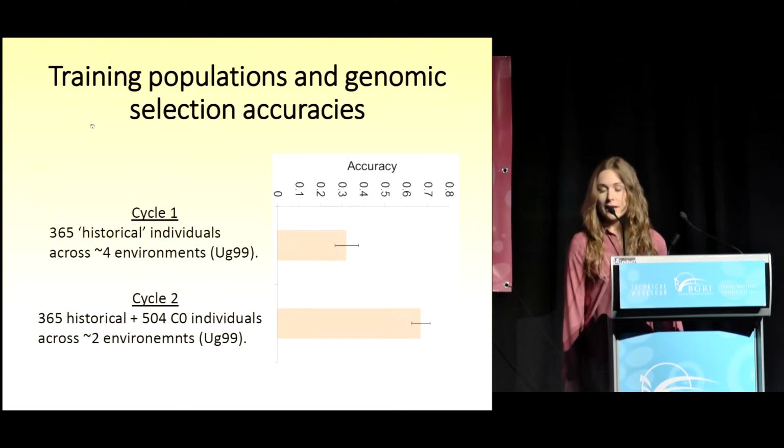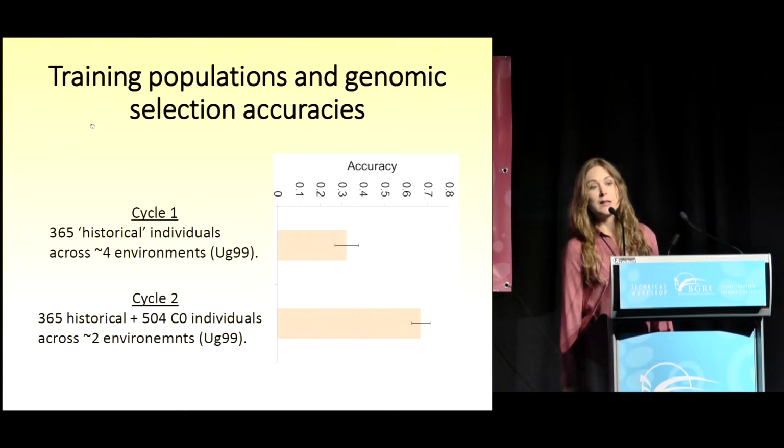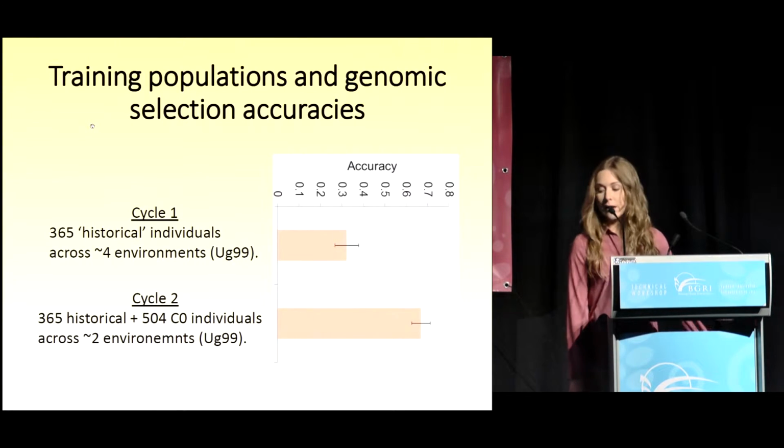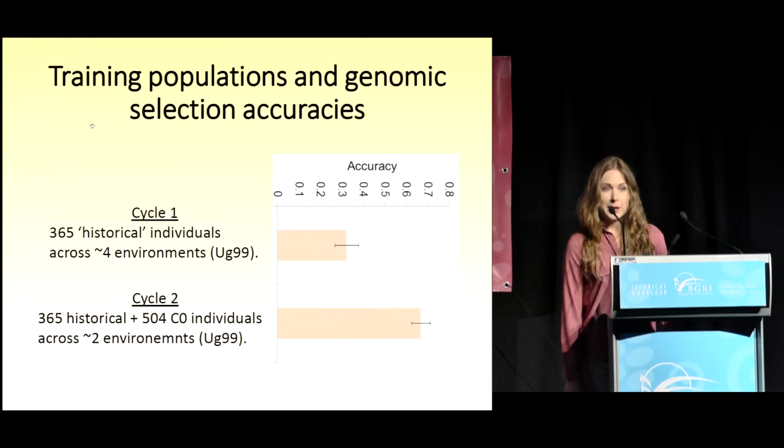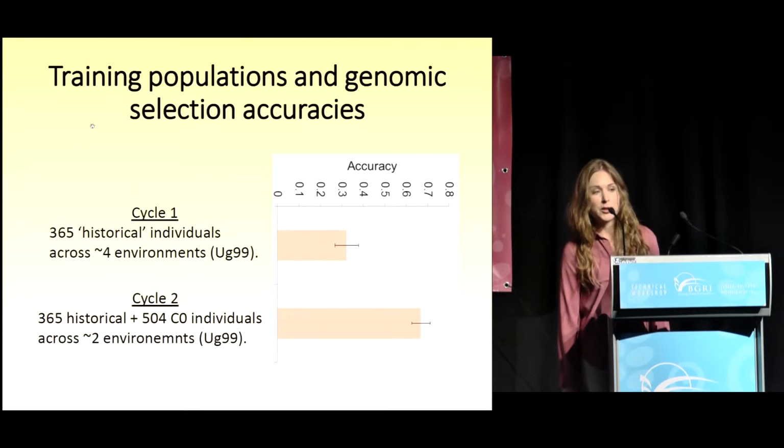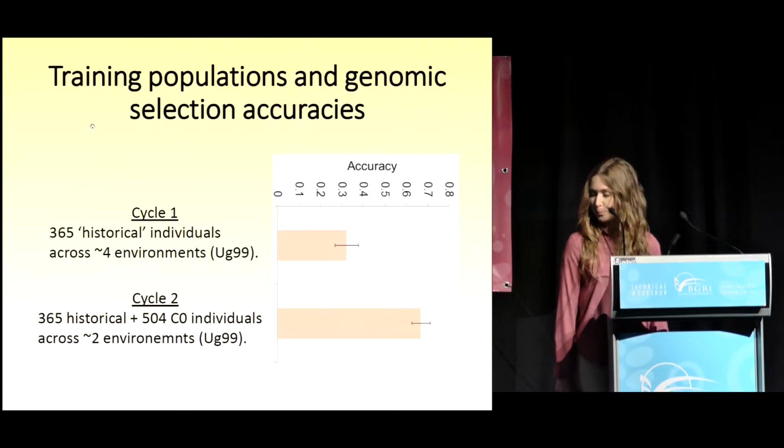In the second cycle, we used the same set, but we were able to update the model with the previous cycle data. So we had the 365 lines plus 504 lines that were cycle 0 individuals, and these were evaluated across 2 environments in Kenya.